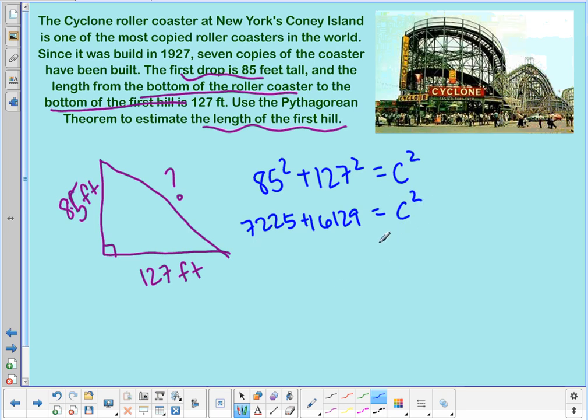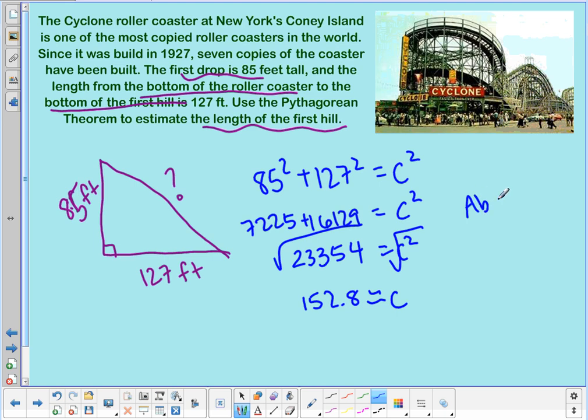Then I add those two together and I get 23,354 is equal to c squared. Taking the square root so that I have c by itself, I get 152.8 is approximately my c. So it's about 152.8 feet long.